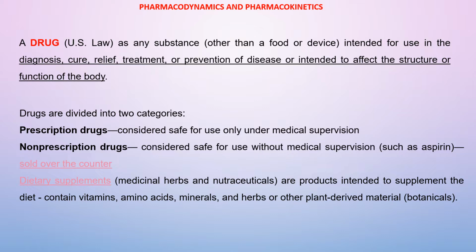The prescription drugs are the drugs that are consumed under medical supervision. Non-prescription drugs are the ones that are sold over the counter, example aspirin. Besides these, there are some dietary supplements like vitamins, amino acids. These do not come under the prescribed drugs.